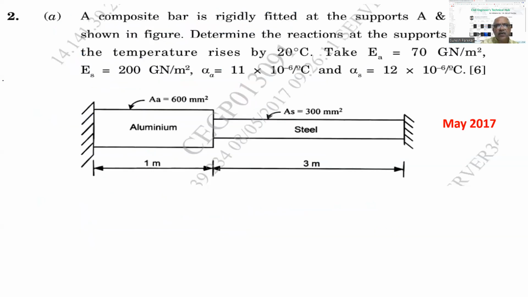Now lastly we will go with a composite bar rigidly fitted at the supports A and B; determine the reaction. Now see what is given: area is given. We have the formula for bars in series.